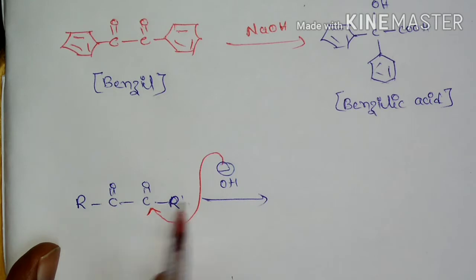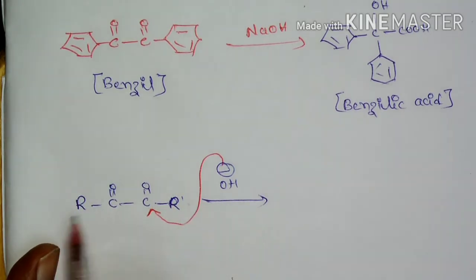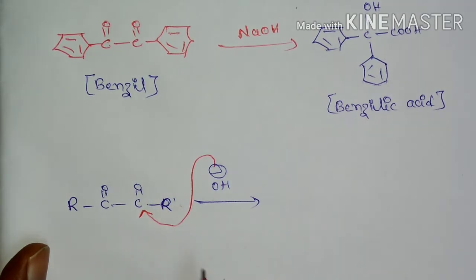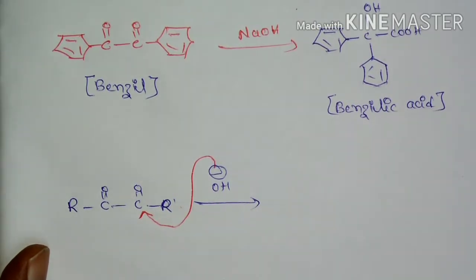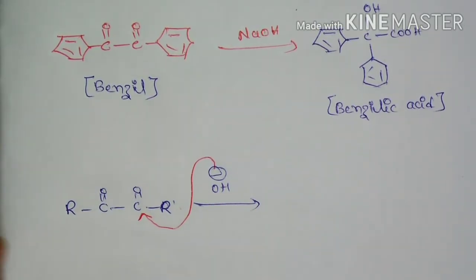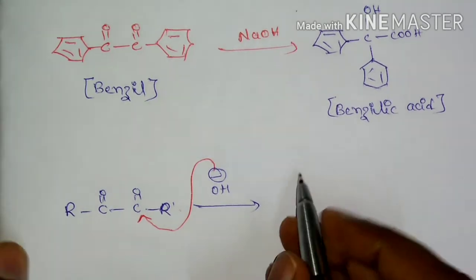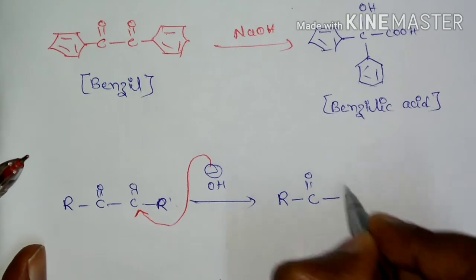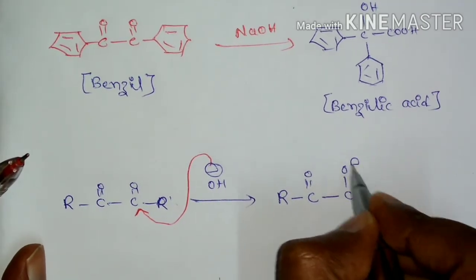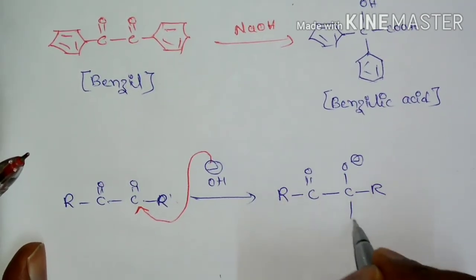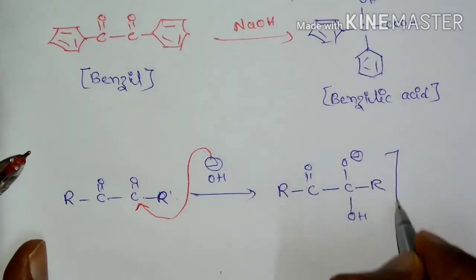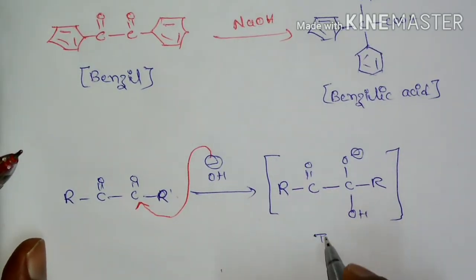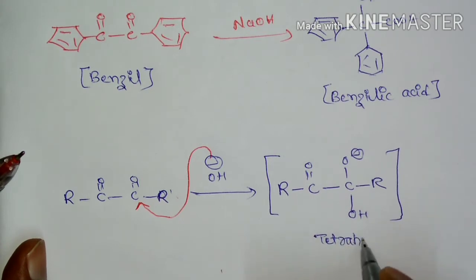If you consider these two as benzene rings, then they are symmetric, so either carbonyl group can be attacked by the hydroxide ion, and it leads to the formation of a tetrahedral intermediate.